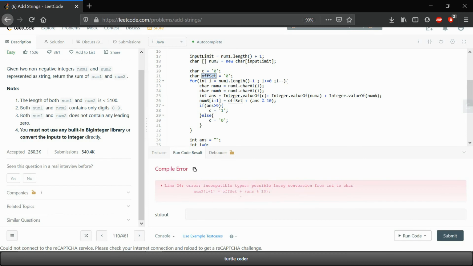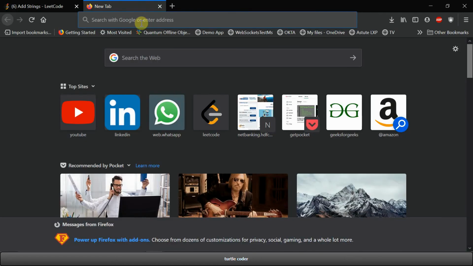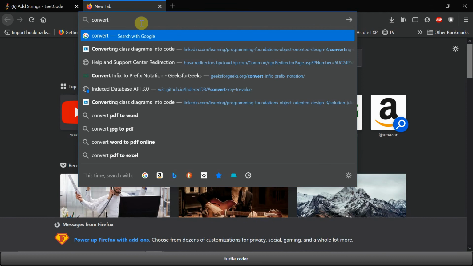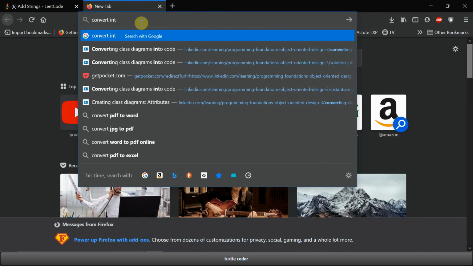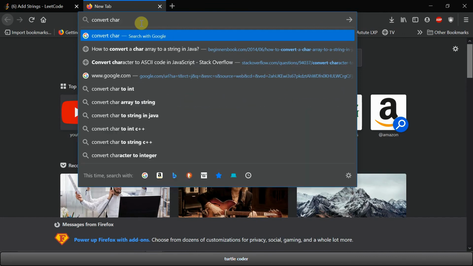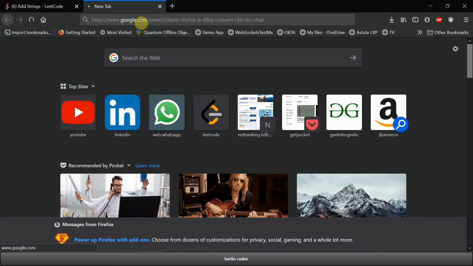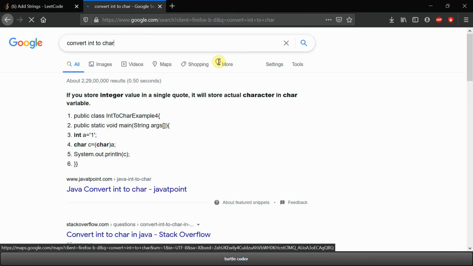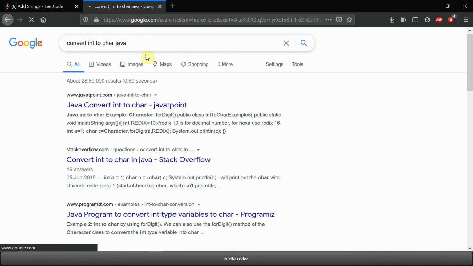Possible lossy conversion. Why are you giving me those errors, man? Is there a way to convert character to integer to char in Java?